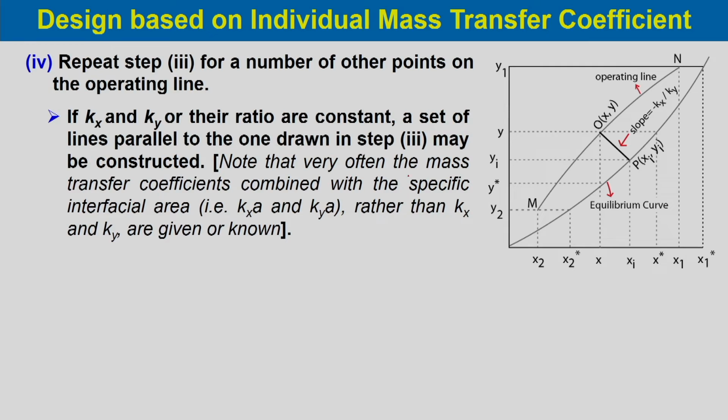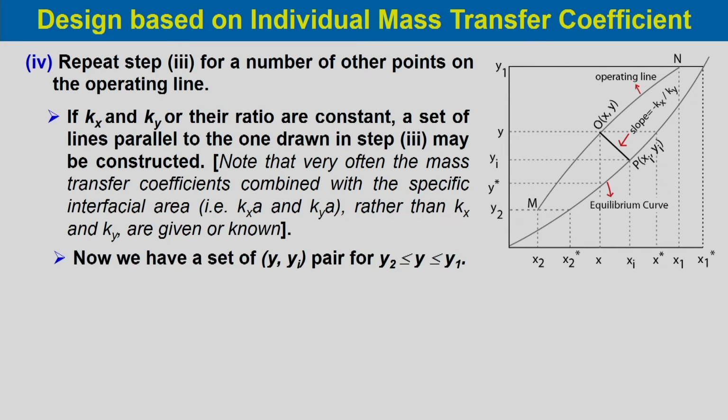Please note that very often the mass transfer coefficient combined with the specific interfacial area, that is kxa and kya, rather than kx and ky are given or known, because sometimes the total interfacial area may not be available. So, it is given in terms of kxa and kya.